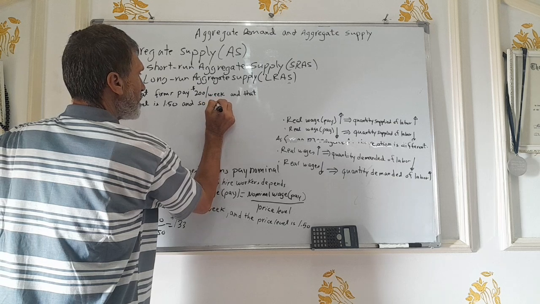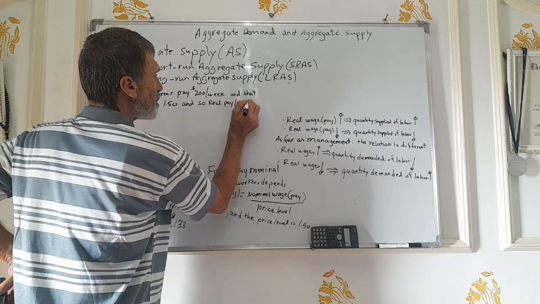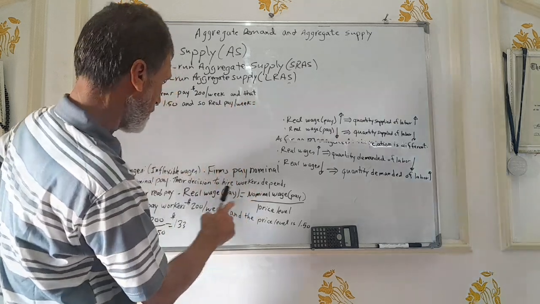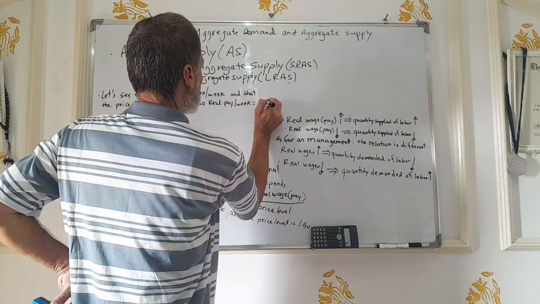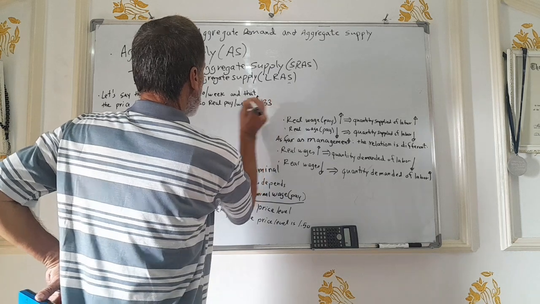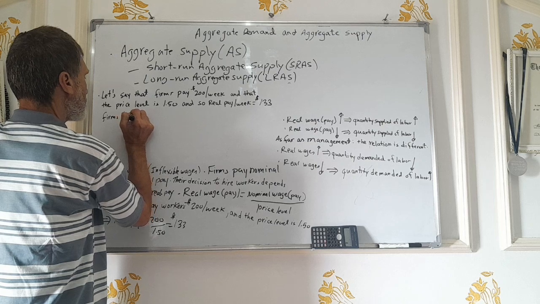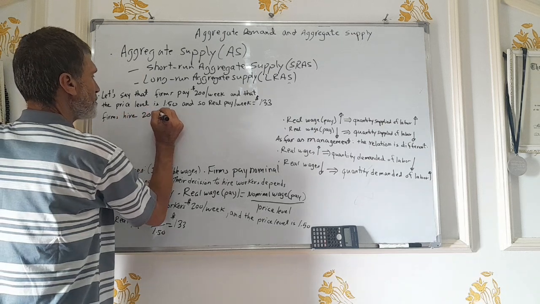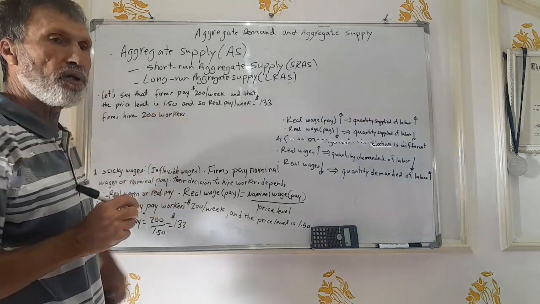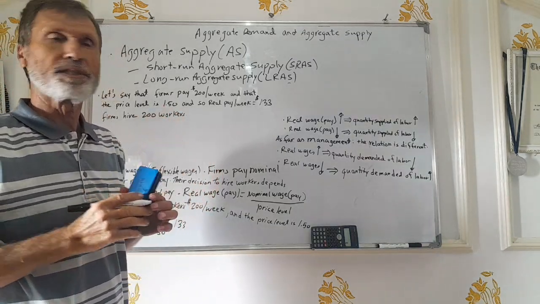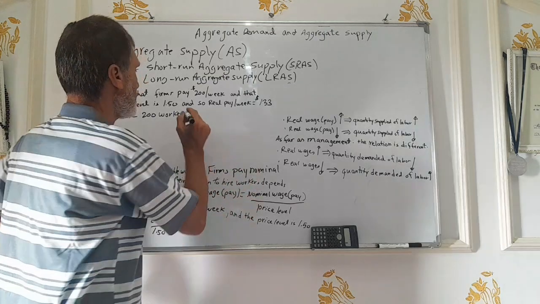So the real pay per week is going to be equal, as we already said over here, $133. Firms hire 200 workers. Now, suppose that the price level decreases. Okay, unexpectedly, the price level decreases.